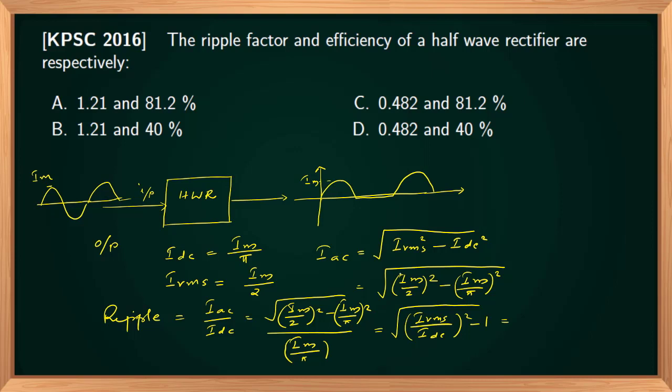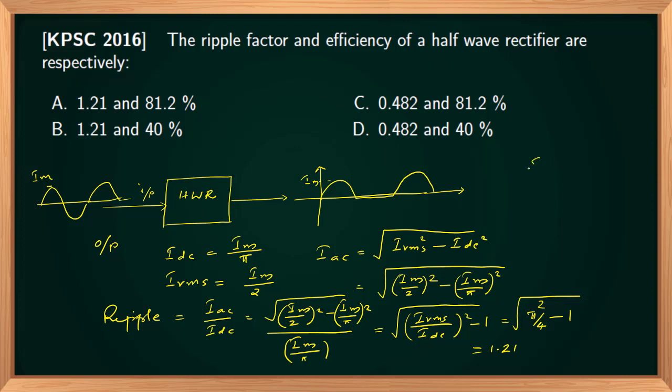Now IRMS by IDC equals pi by 2, so (pi by 2) squared is pi squared by 4, minus 1. The square root of this value is 1.21. So 1.21 is the ripple factor. That means the AC component at the output is 1.21 times the DC component. So there will be more AC component than DC component at the output of a half-wave rectified signal.